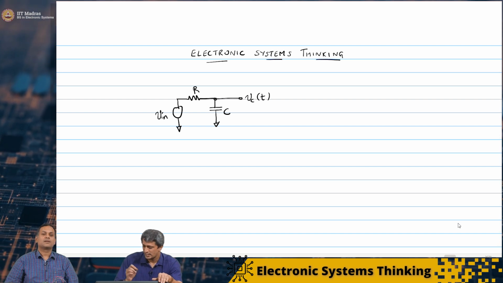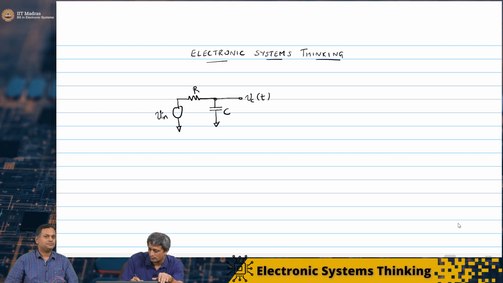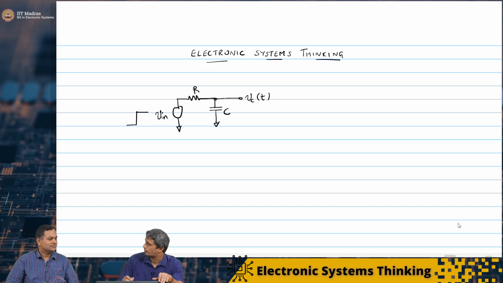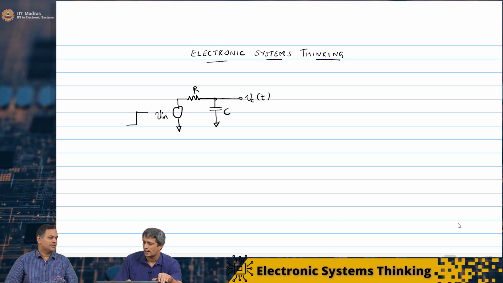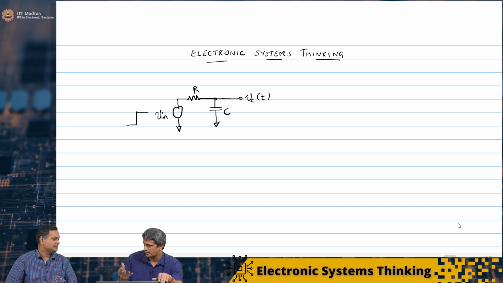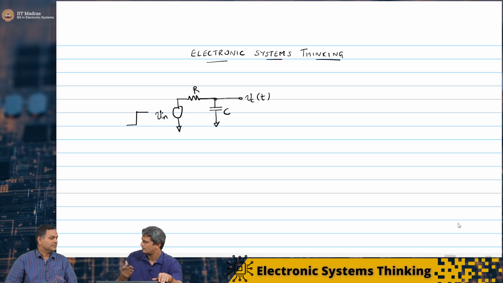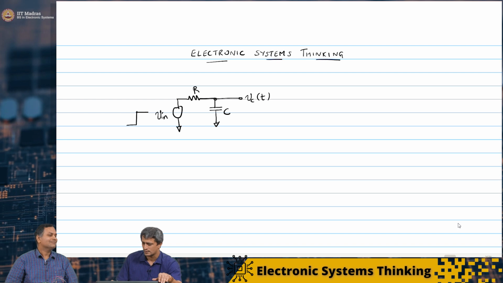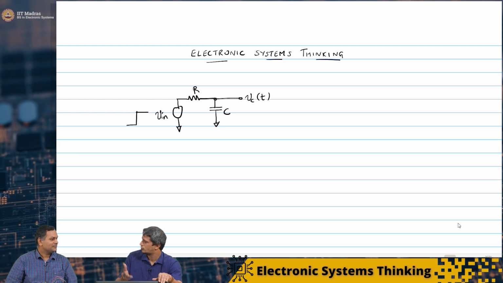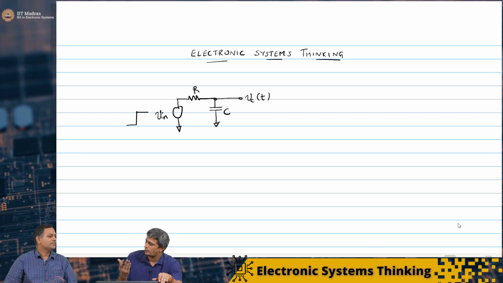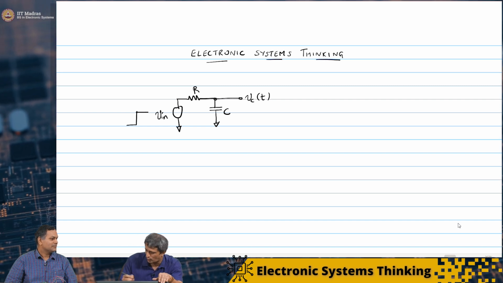Specifically, V in of t is a unit step function. On the oscilloscope and signal generator, we gave a square wave of various frequencies, observed what happens to Vc of t, and also described it theoretically.